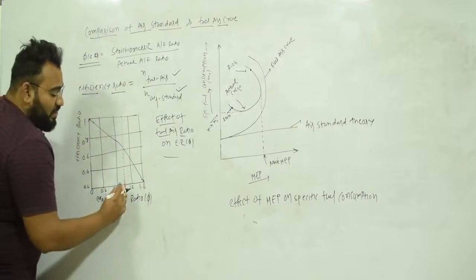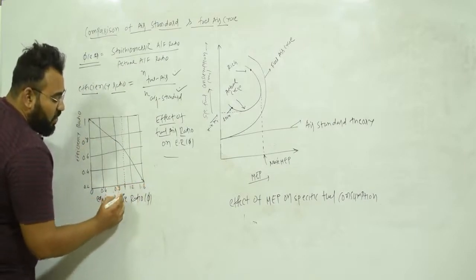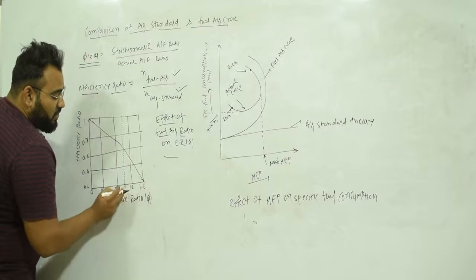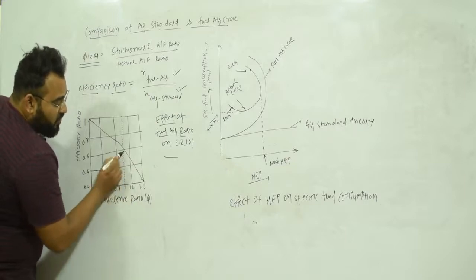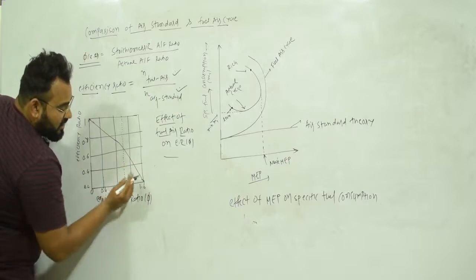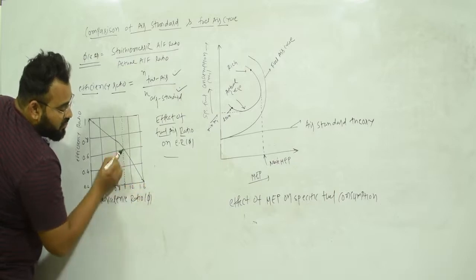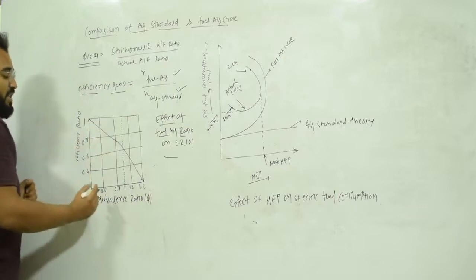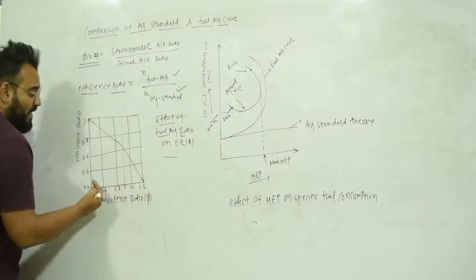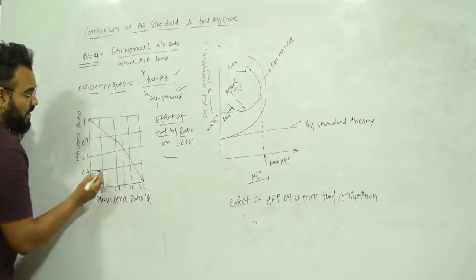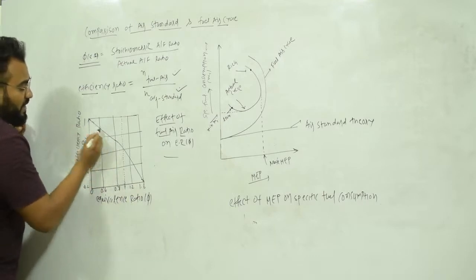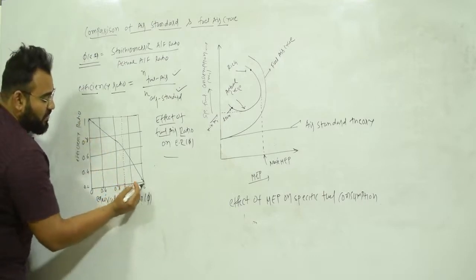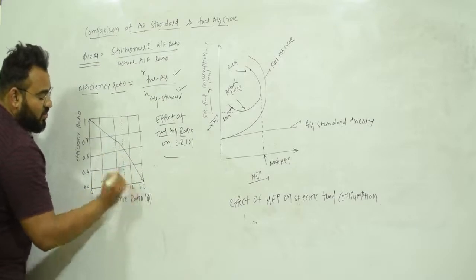When the ratio becomes richer, meaning more than 1, like 1.2 and 1.6, going from 1 to 1.6, you can see the efficiency ratio decreases. So this suggests that as the mixture becomes leaner and leaner, the efficiency ratio increases, and as it becomes richer and richer, the efficiency decreases.